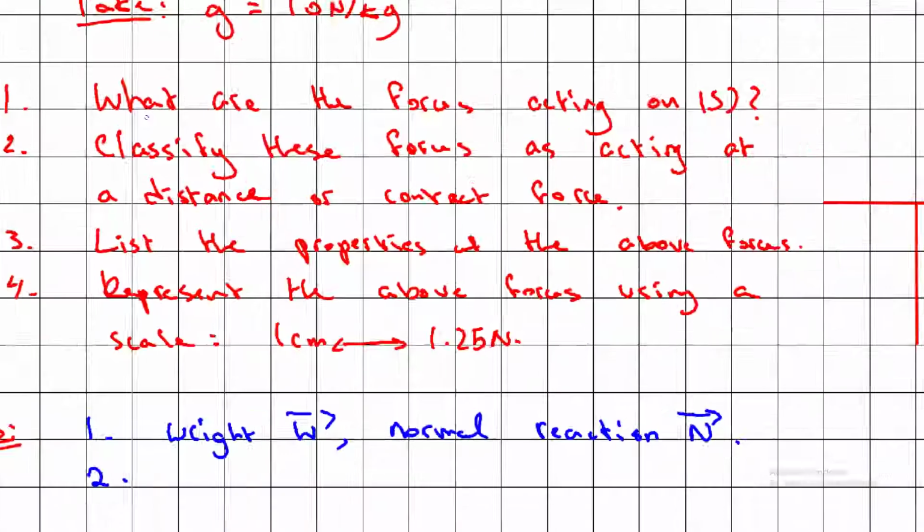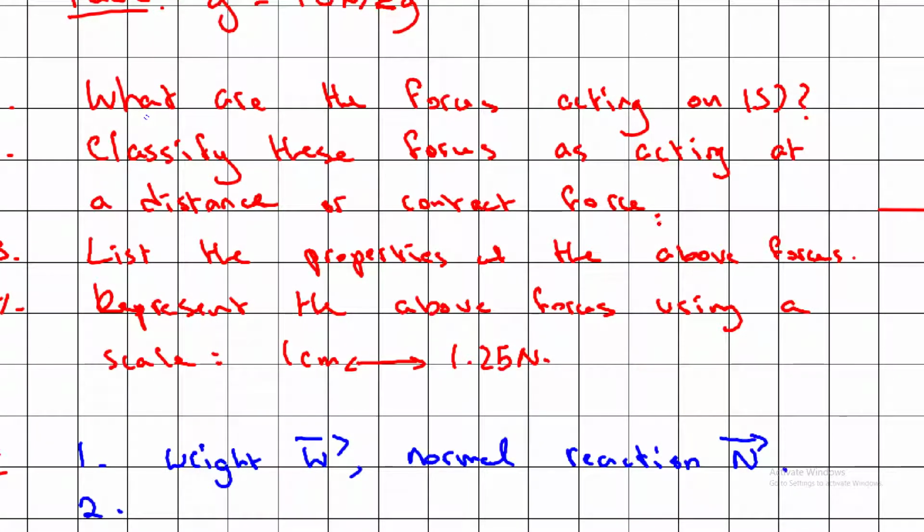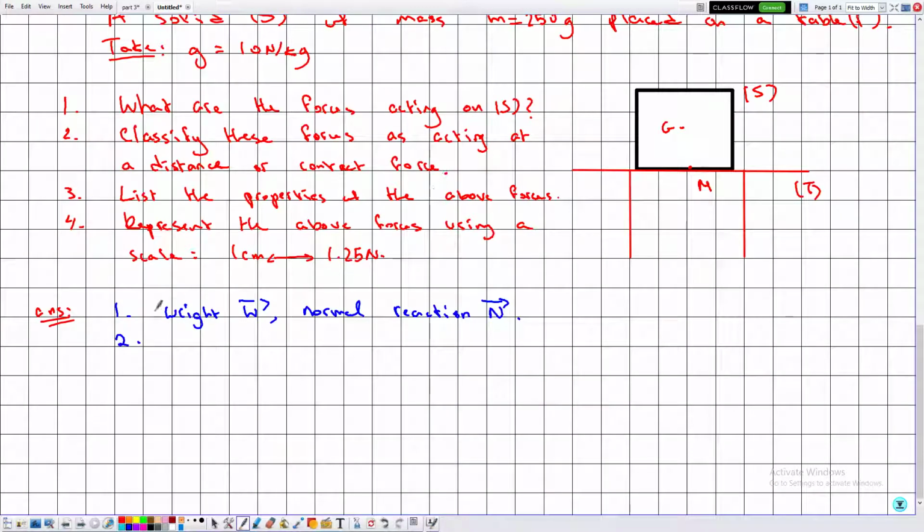Now in number 2, we need to classify these forces as acting at a distance or contact force. We know that the weight, the electric, and the magnetic are the only 3 forces that act at a distance, so W is acting at a distance. Whereas the normal reaction N is not weight, nor electric, nor magnetic, so it's classified as a contact force.